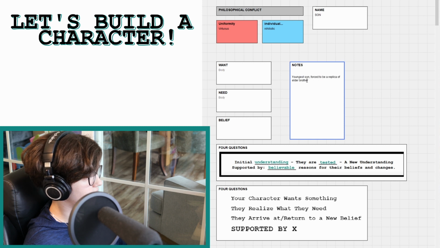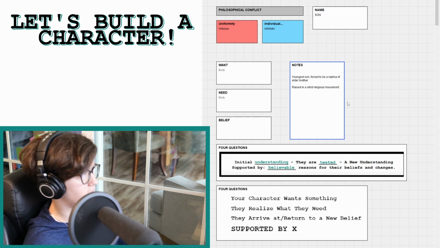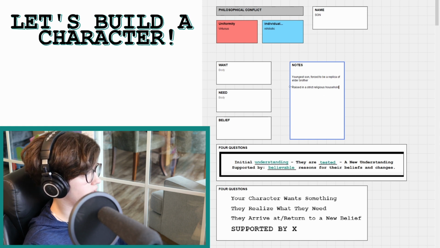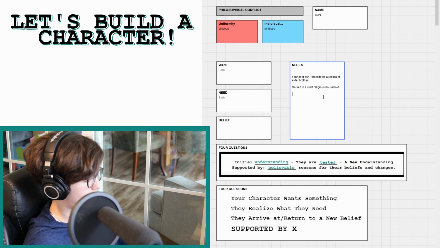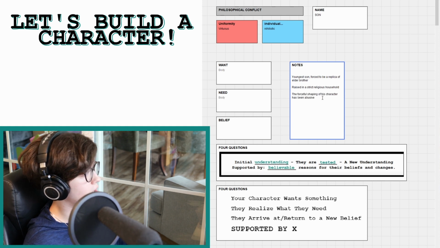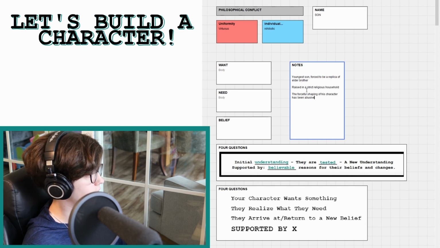So, youngest son, forced to be a replica of his eldest brother, raised in a strict religious household, and because of the forcing of habits and all the little details, even down to his appearance and things like that, the forceful shaping of his character has been abusive. So this is his believable reasons for their beliefs and changes, right? This is his history. This is his backdrop right here.